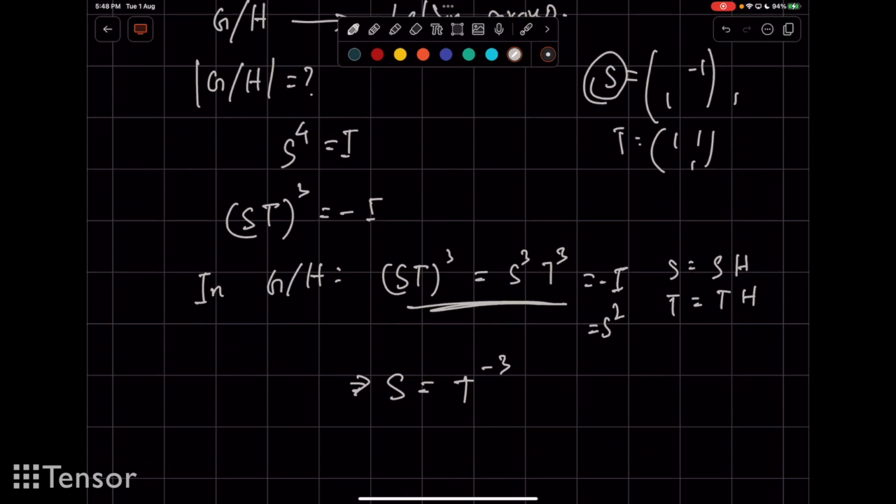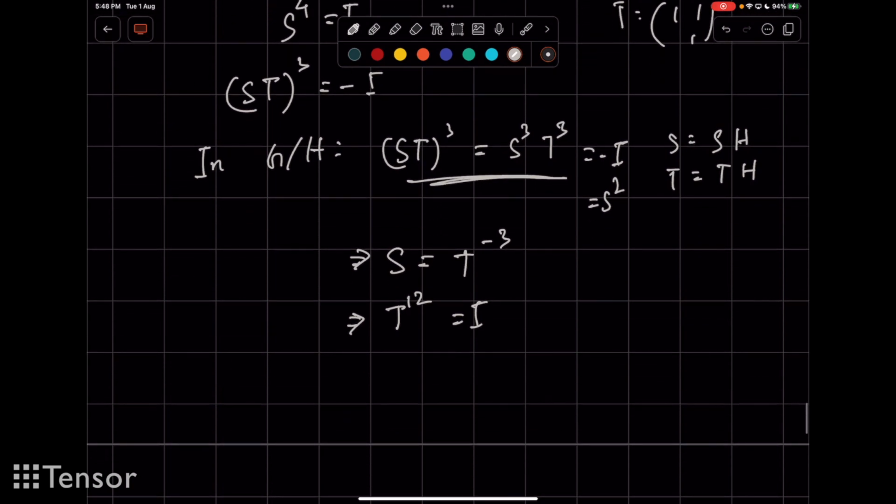So if we raise it to the power 4, we get that T to the 12 is the identity. So the order of G over H is at most 12, right?